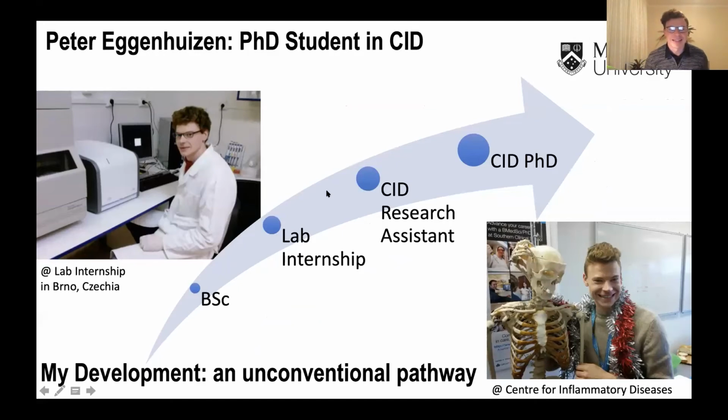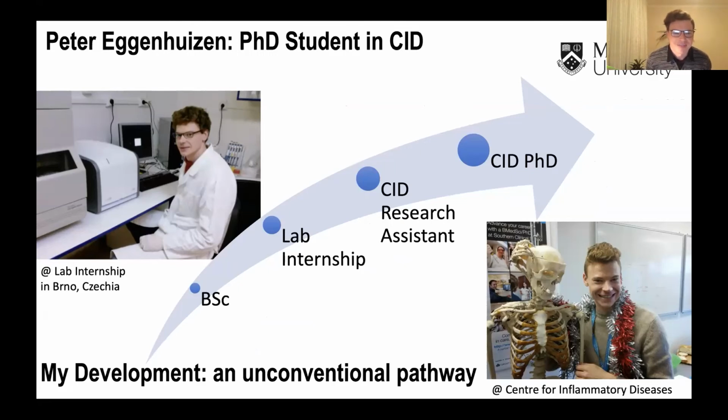So hi, everybody. My name's Peter Eggenhausen, and I'm a PhD student in the Centre for Inflammatory Diseases. First, I'd like to talk about my development a little bit, because it's an unconventional pathway. I started off with a Bachelor of Science, and before progressing to honours, I went overseas and did a lab internship in the Czech Republic.